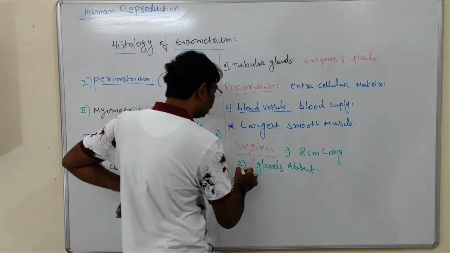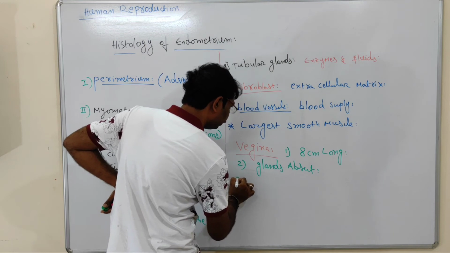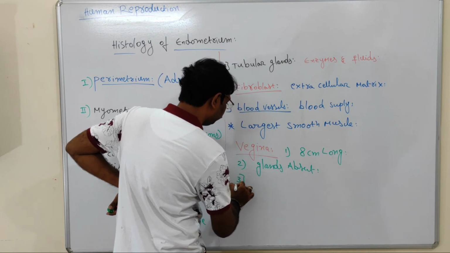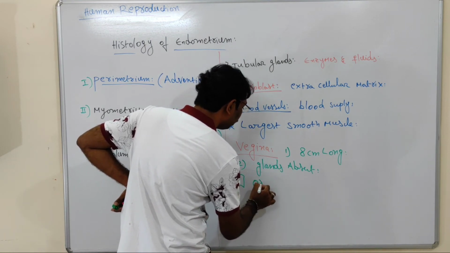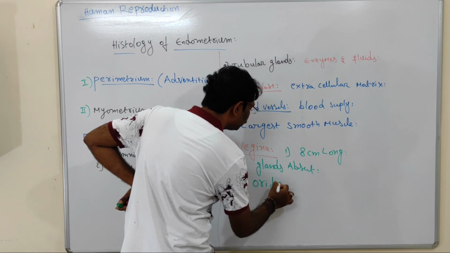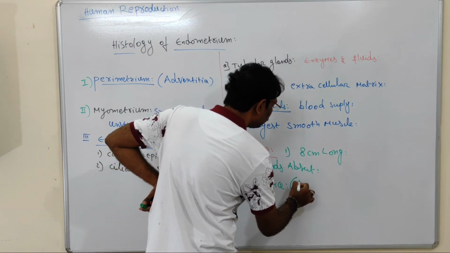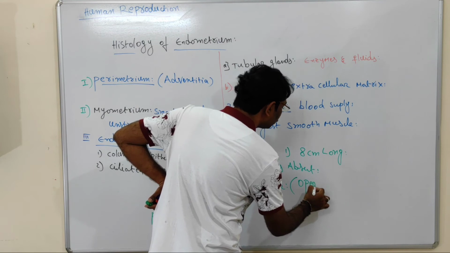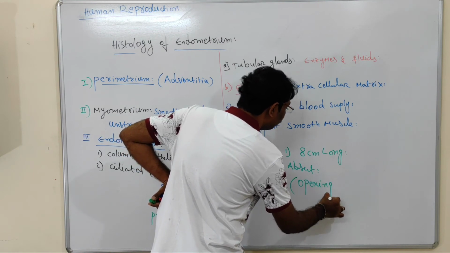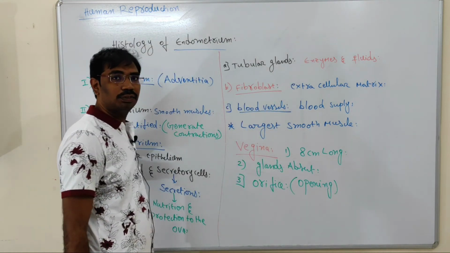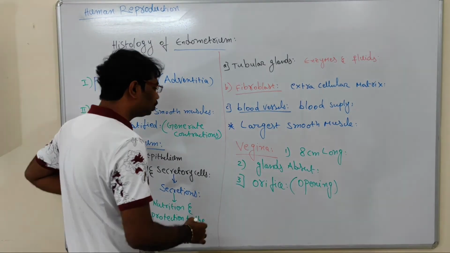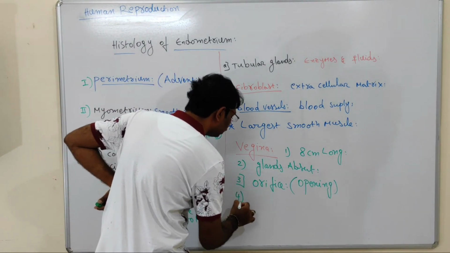Then the vagina has an orifice, the opening of the vagina, called the vaginal orifice. The vagina contains a special kind of epithelial cells, called stratified epithelial cells.